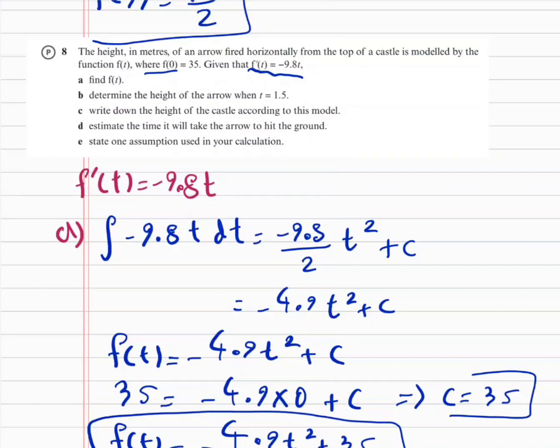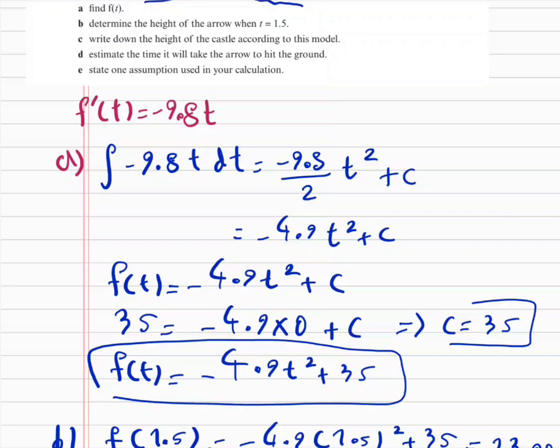And finally, we want to state one assumption used in our calculation. So one of the assumptions is that in this calculation, we assume that the ground is flat. Because if the ground isn't flat, then the height is going to differ when the arrow hits the ground, so we can't exactly do the calculation like this.